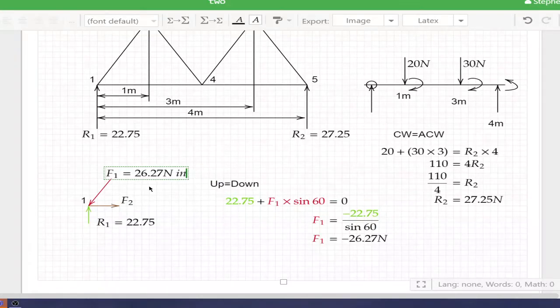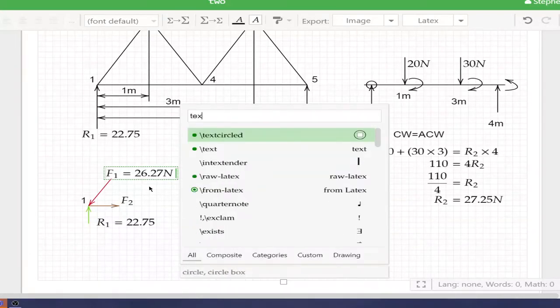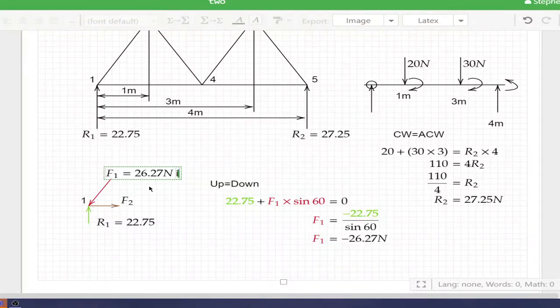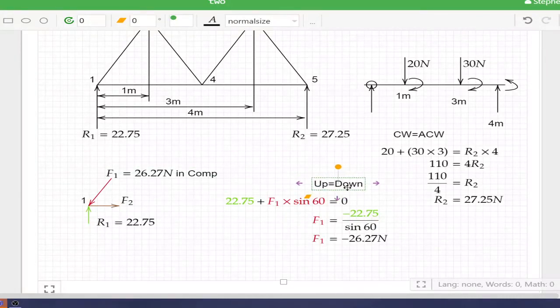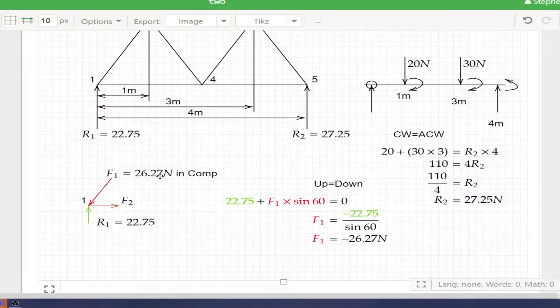So that's what we're saying at the end of all that: a minus sign means it's in compression. We don't have negative forces, as long as we're aware that it's in compression.